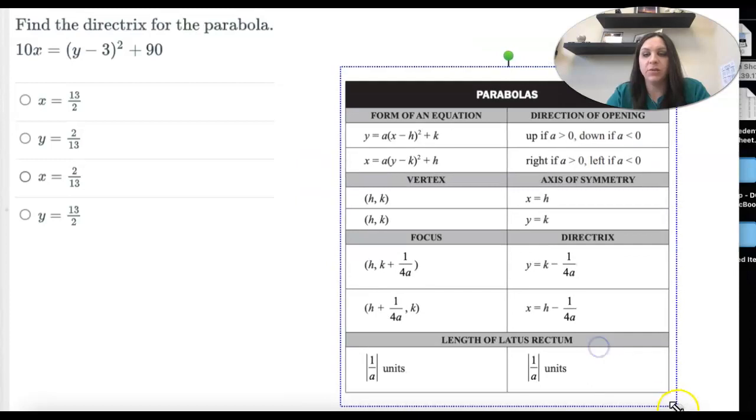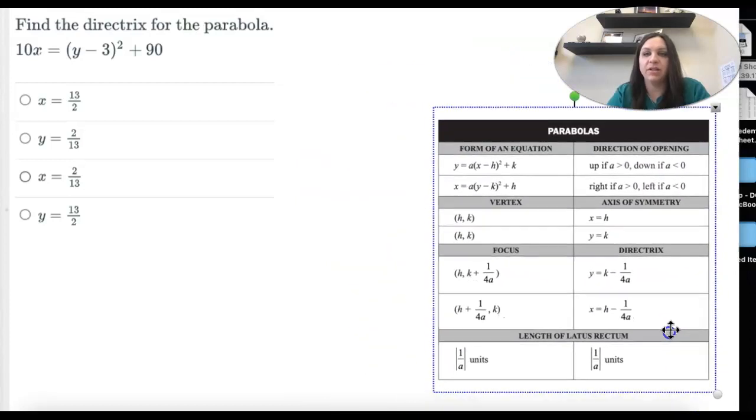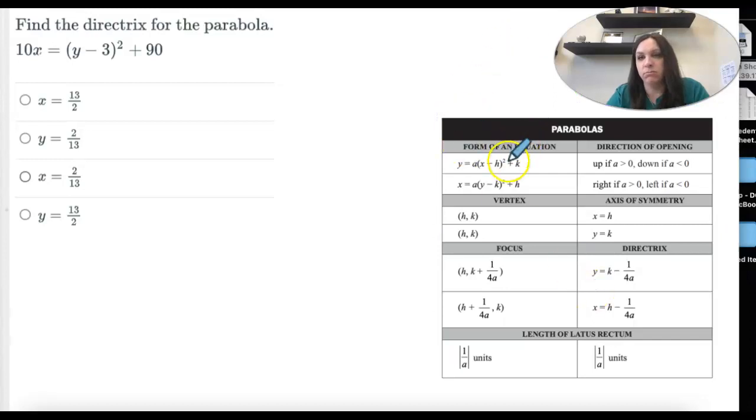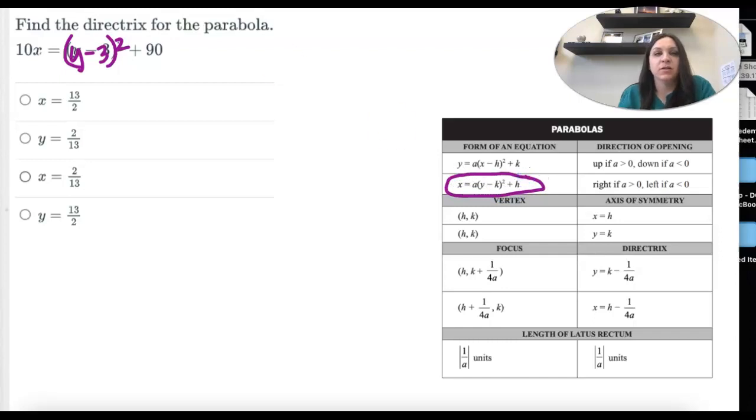So first thing, we need to identify if it's opening up or down, the form of the equation, or right or left even. So notice that the y minus 3 is what's being squared. So it looks like this one. So that means if I graph it, let's first get x by itself.